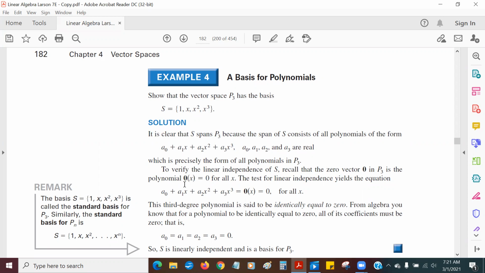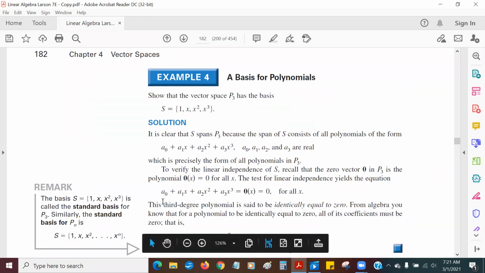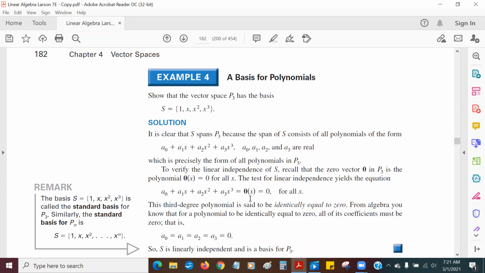The bold 0 means the vector, the 0 polynomial, and the non-bold 0 just means the scalar, the number 0. Anyway, the test for linear independence gives us this equation: a0 plus a1x plus a2x squared plus a3x cubed is equal to the 0 vector. Not just that it equals 0, but it equals 0 for all x.